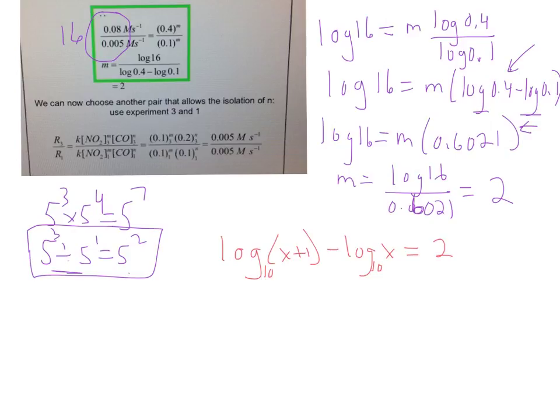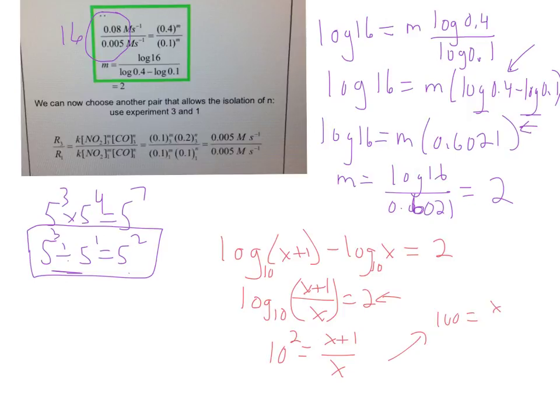If they have the same base, then the rule of logs is that we can keep the same base and we can divide these parts, okay? What that allows us to do is put it in exponential form because we've only got the 3 components. So we would take 10 as the base, 2 as the exponent, and it would be equal to that, and then we could solve the equation from there, okay?